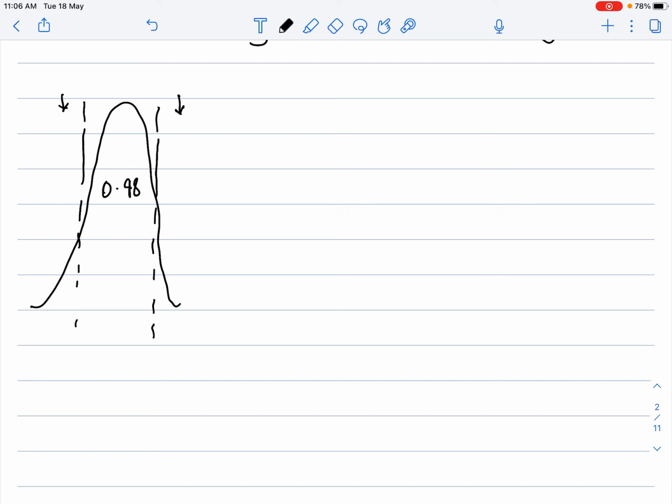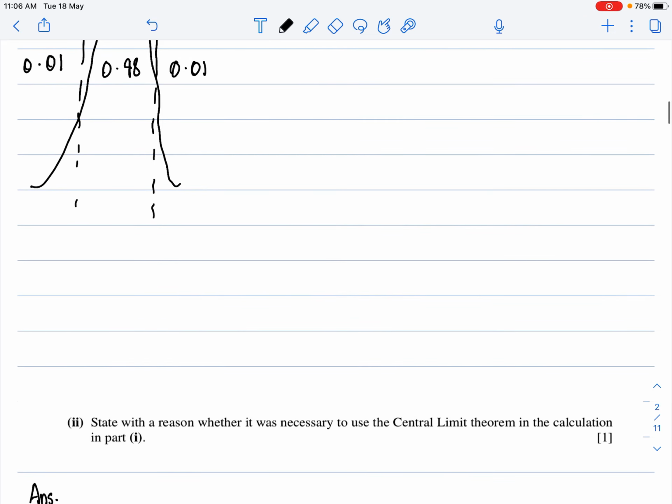So now if on the calculator you do 1 minus 0.98, you get 0.02, which you divide by 2 to get this area as 0.01 and this area also as 0.01, because they need to be equal. Now I need to calculate the respective z values for the upper limit and the lower limit.